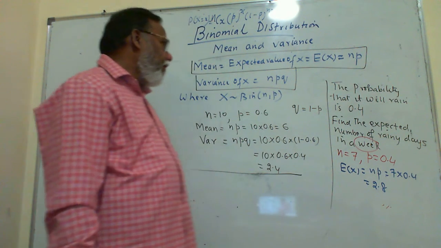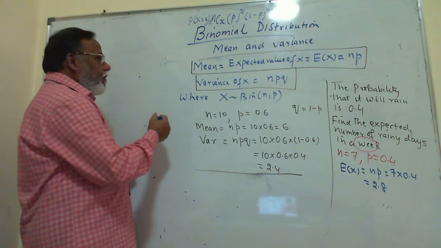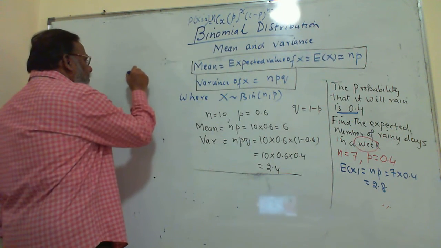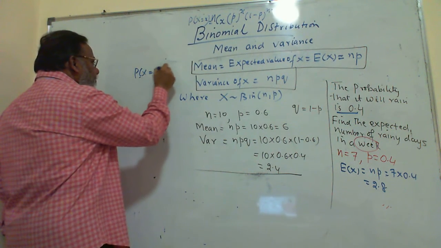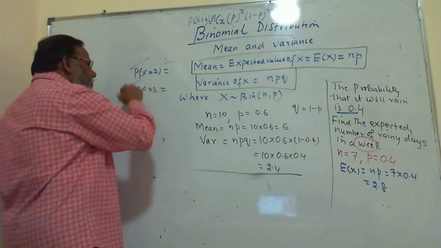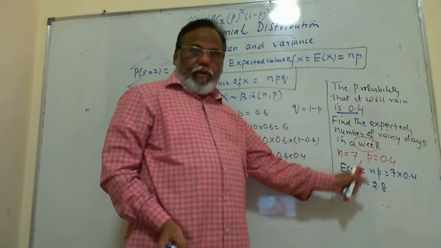You may have a question where they ask you to find many probabilities, like the probability of exactly 2 days or exactly 3 days. But at the end they will ask you the mean and the variance.